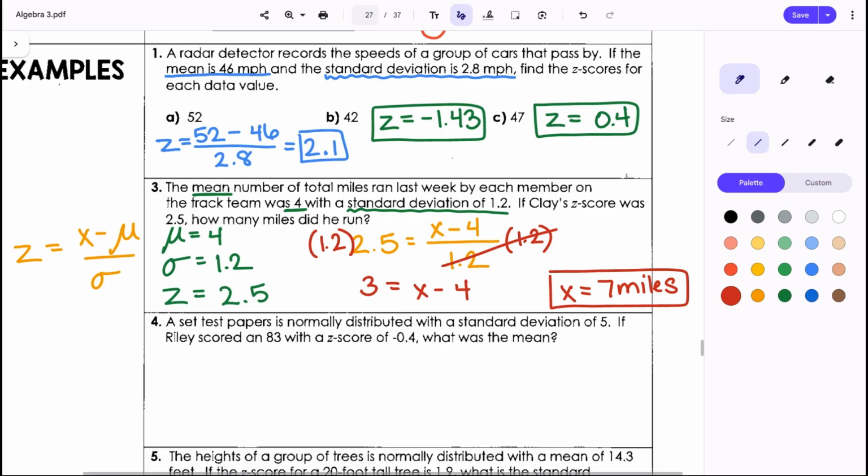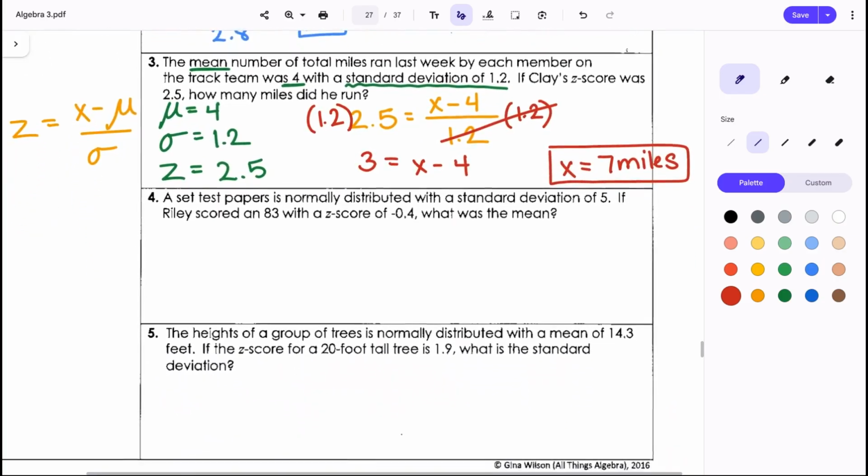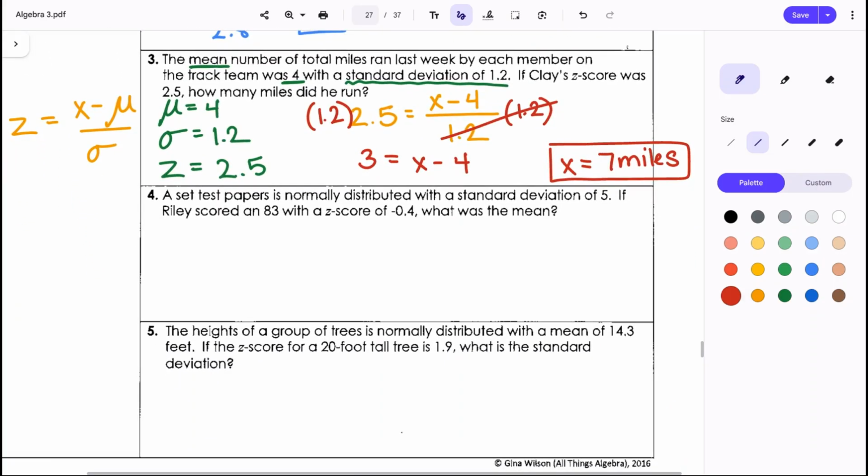Okay, number 4. A set of test papers is normally distributed with a standard deviation of 5. If Riley scored an 83 with a z-score of negative 0.4, what was the mean? Okay, so I want you guys to tell me what I should put where. What number in the problem goes where in my formula?